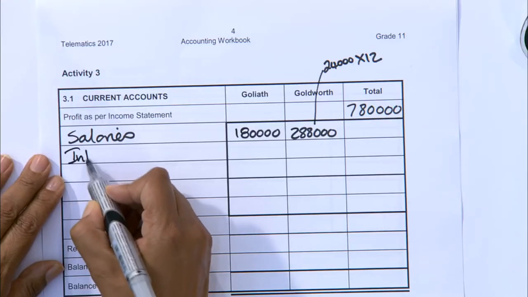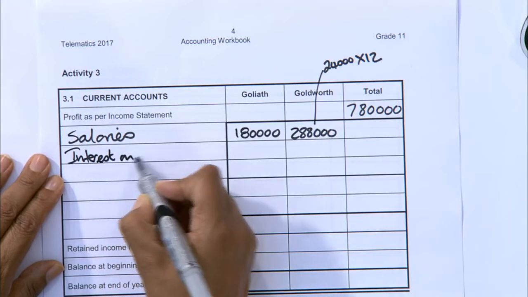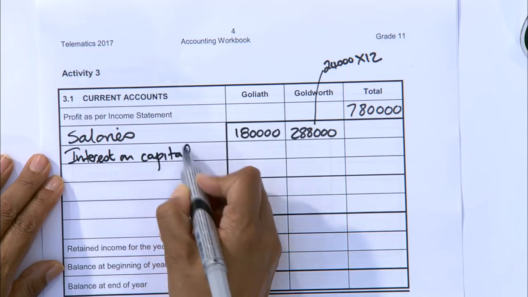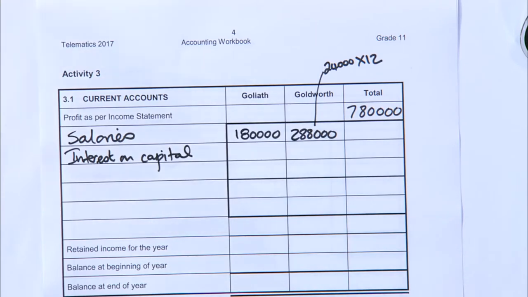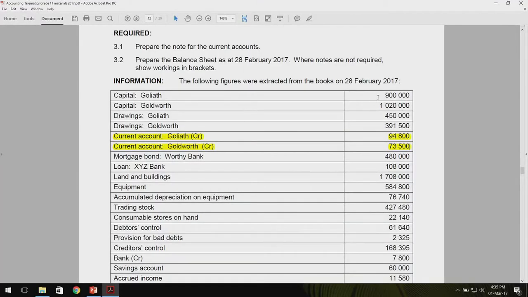So the next line we're going to put down is interest on capital. Now we're going to take 12% of what Goliath put in. Goliath put in 900,000, so 12% of 900,000 is 108,000.